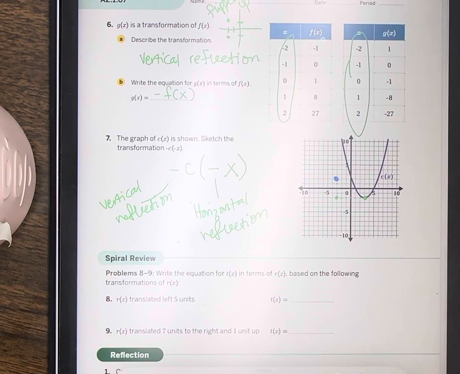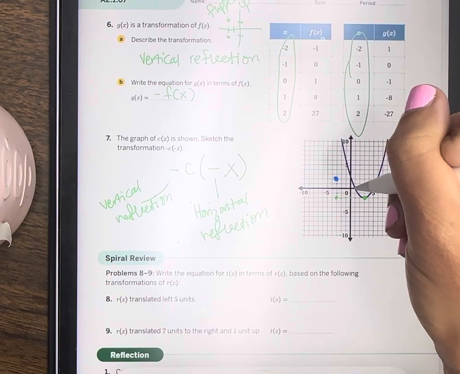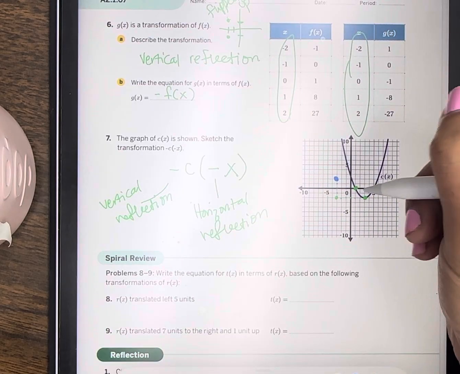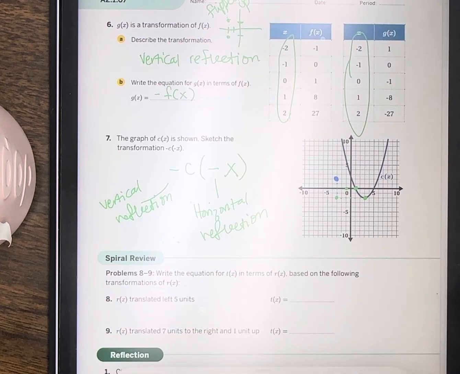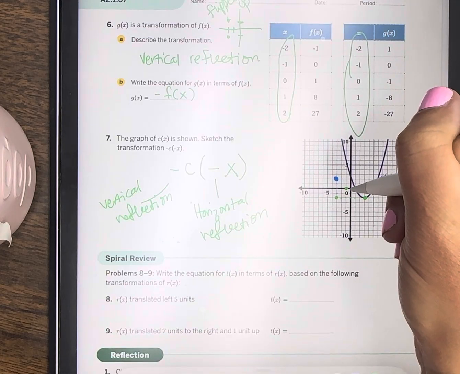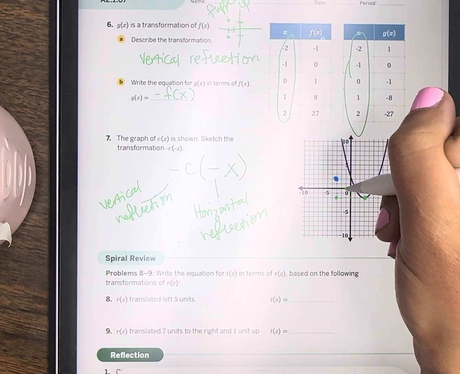So this is a new vertex, all right? Let's go look at another point. Let's look at this point. Flip it horizontally, there it is. Flip it vertically, if it's on the mirror, it stays there.